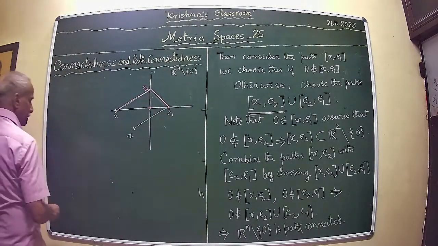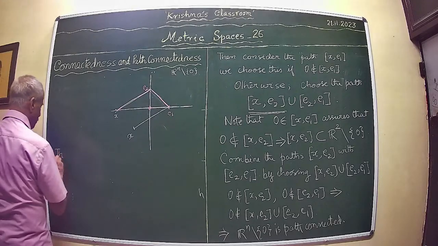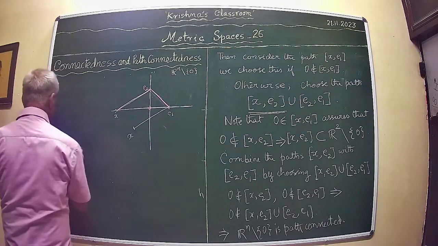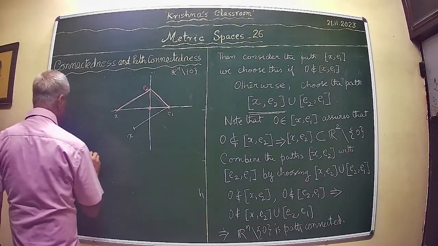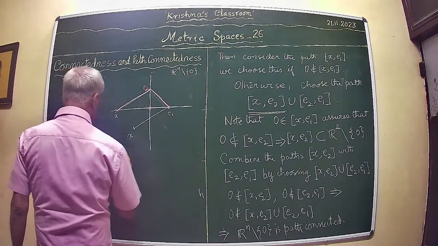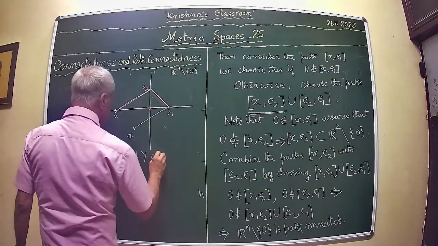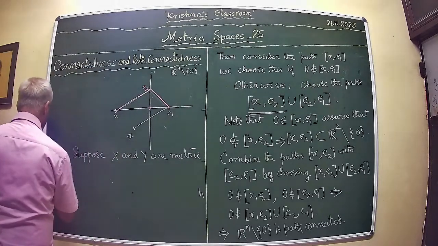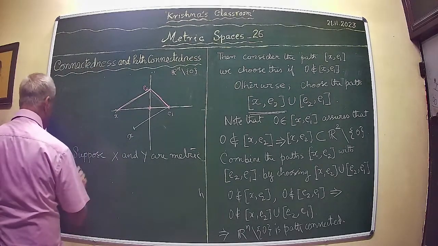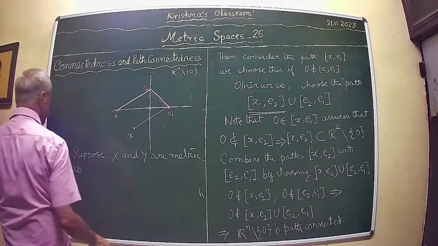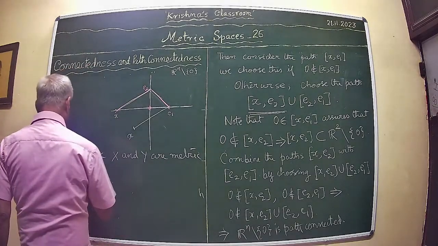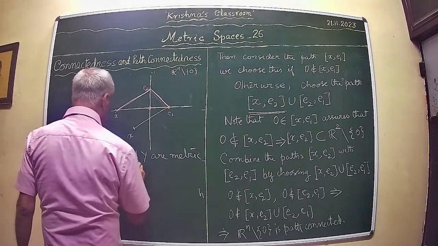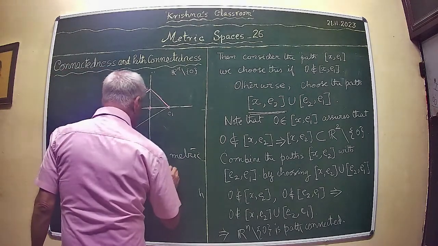Now we have a small result. Suppose X and Y are metric spaces, and f is a function from X to Y which is continuous.